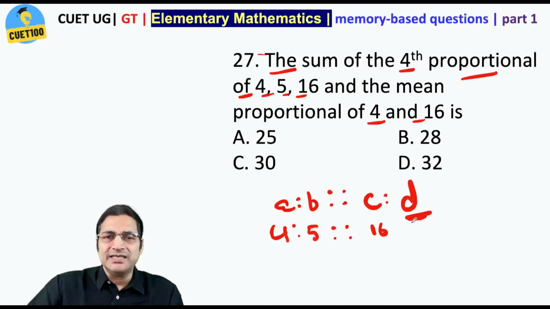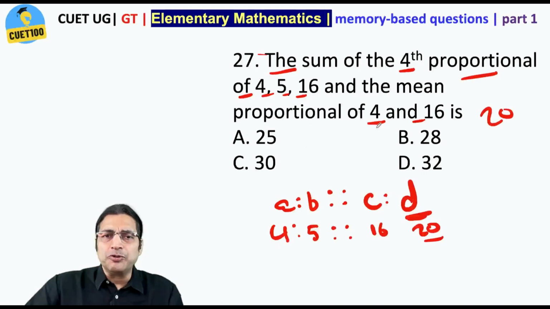Here we have 16. So, the fourth proportional would be, 5 is 25% more than 4. So, 25% more than 16 would be 20. So, fourth proportional is 20. Alright, that is one thing.